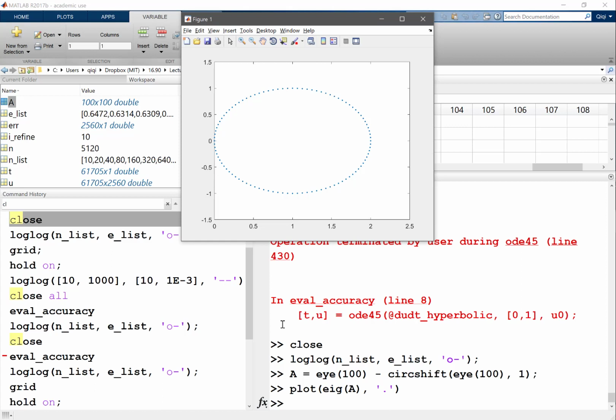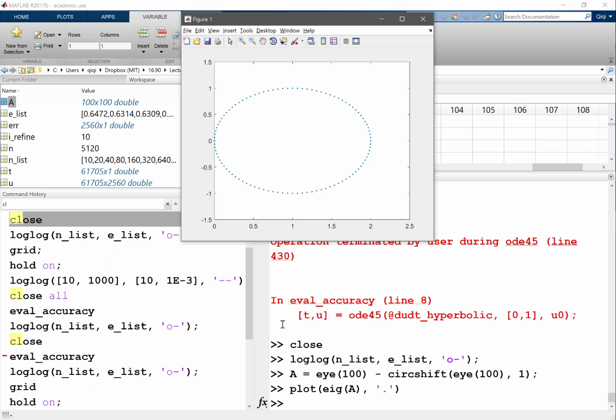Of course, the real eigenvalues would be this particular A divided by delta x, then multiplied by minus u, right? So after dividing by delta x, the circle gets blown up by a factor of 100 in this case, because 1 over delta x is 100.